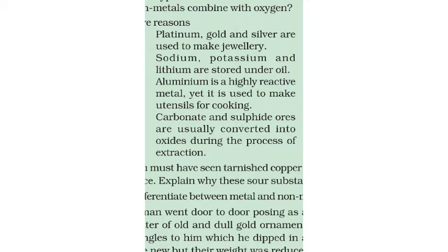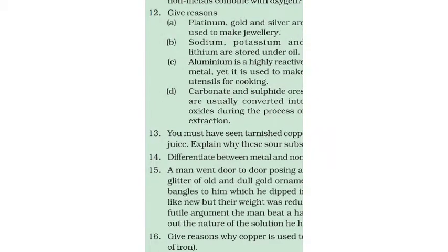Carbonate and sulfide ores are usually converted into oxides during the process of extraction. This is because it is easier to obtain metal from its oxide than from a carbonate or sulfide ore. You must have seen tarnished copper vessels being cleaned with lemon or tamarind juice.